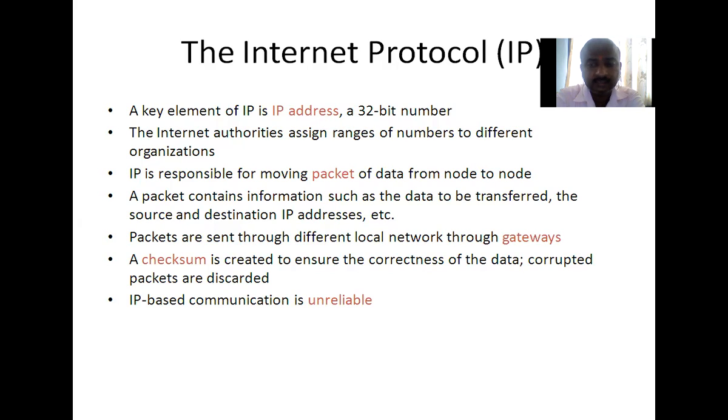If packets are corrupted, then they will be discarded and a new packet is sent from the source to destination. If all packets reach the destination, the destination gives an acknowledgement about receiving all the data to the sender. And this is the IP based communication, which is unreliable.